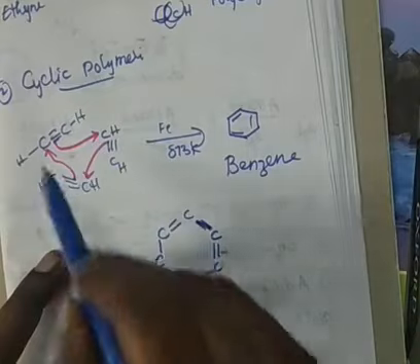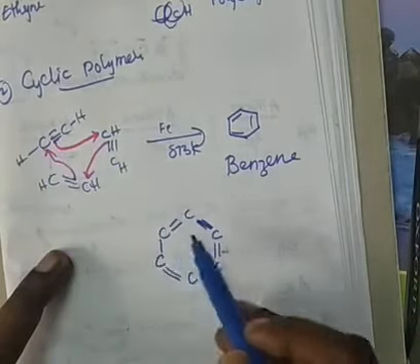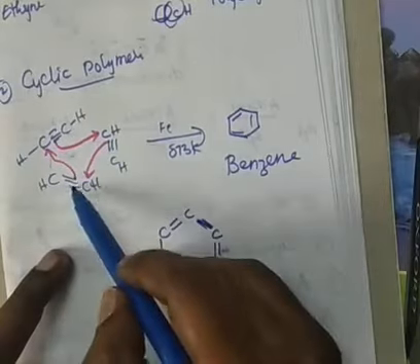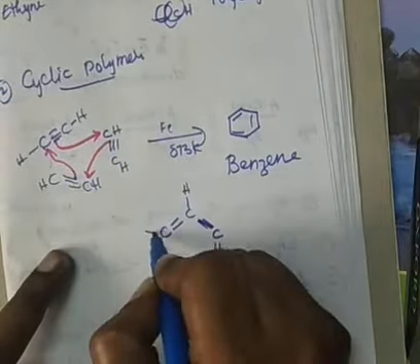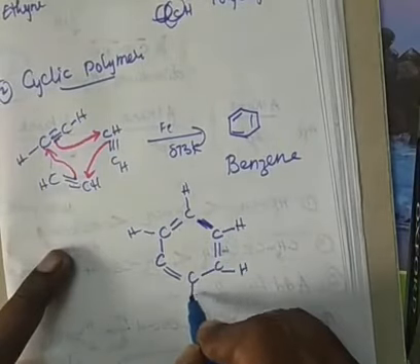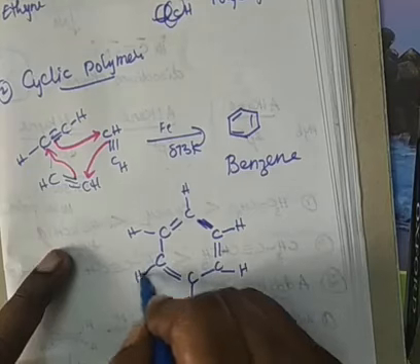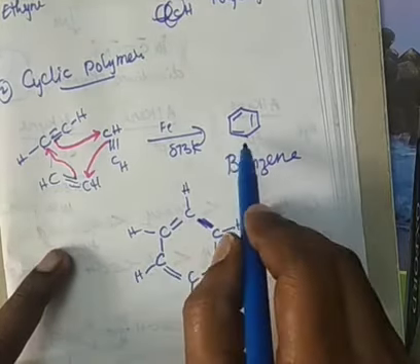Here it has a double bond, therefore a double bond. Here the newly formed is only a single bond, so single and double bonds alternate, and the hydrogens are as they are. And this is the actual structure of benzene.